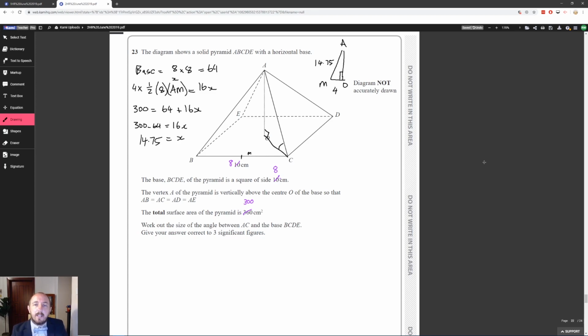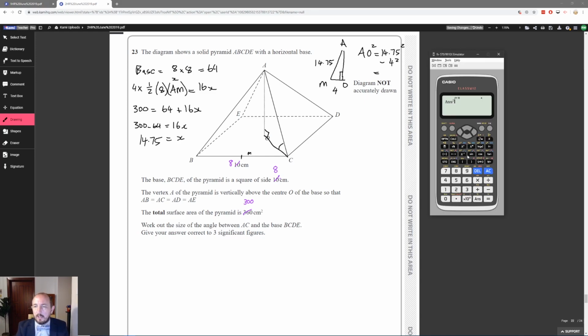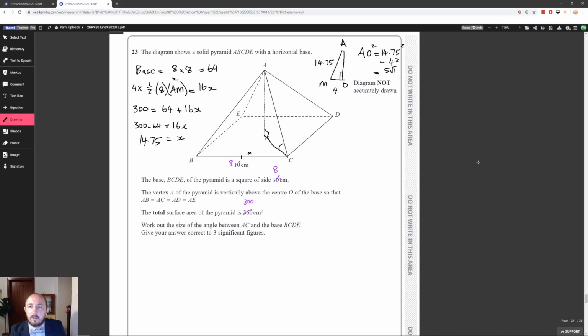So we can now work out AO by squaring the hypotenuse and subtracting the smallest side. So square that and minus 16 and square root this. It is not a nice number, 5 root 129 over 4. So that's the length AO.